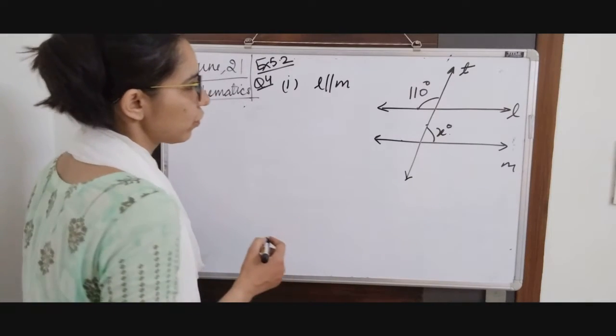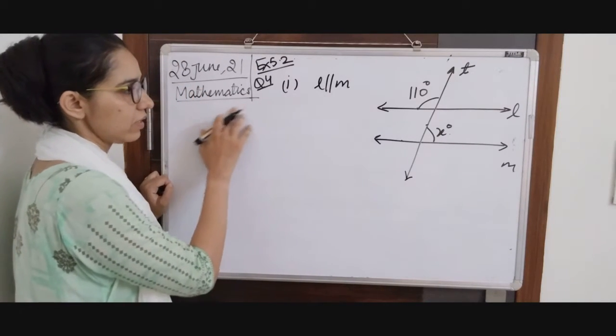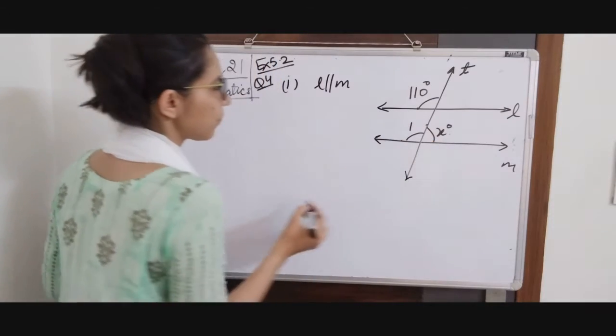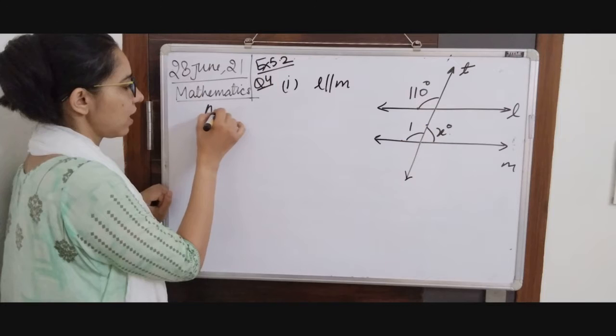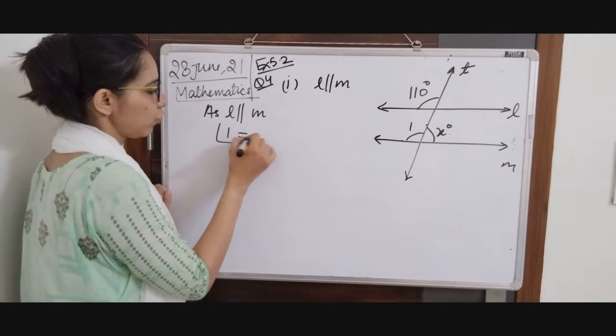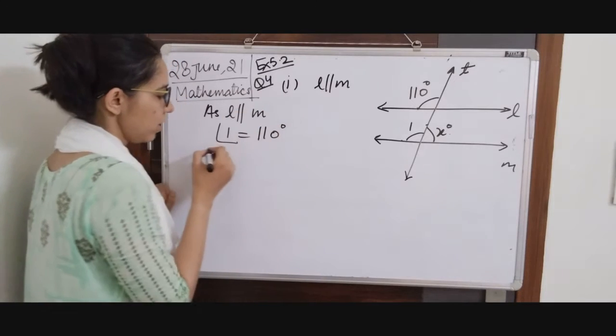You can use any method of your own choice. I am going to use the concept of corresponding angles. I am going to name this angle as 1. So as L is parallel to M, angle 1 is going to be equal to 110. Why?